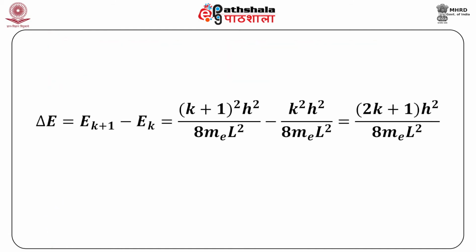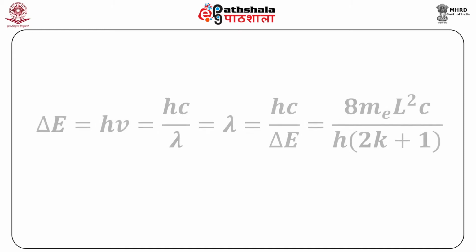The difference in energy, delta E, is equal to Ek plus 1 minus Ek, which is equal to (k plus 1) square h square by 8 me L square, which is the energy of this orbital, minus that of the lower energy level, k square h square by 8 me L square, which is equal to (2k plus 1) h square by 8 me L square.